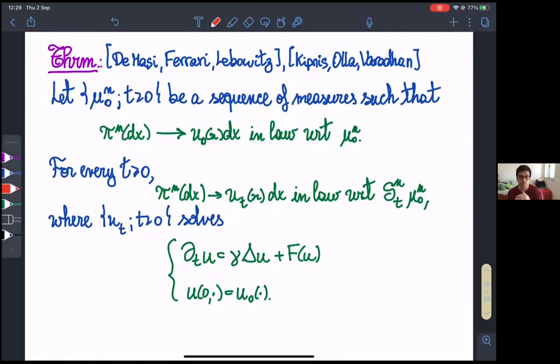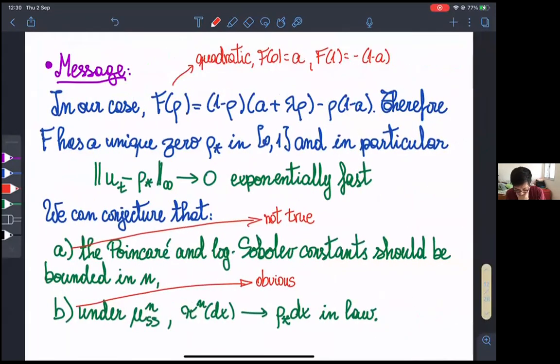Okay, so that will somehow tell us that the stationary measure should be concentrated on those densities. This is exactly what happens, and let's see what we can infer from this.